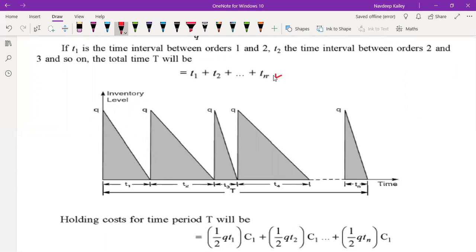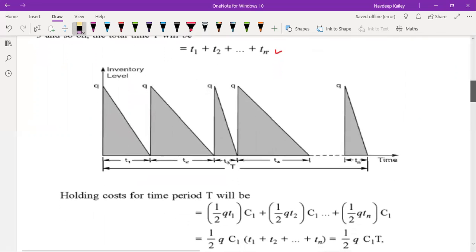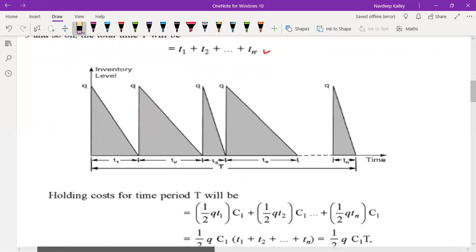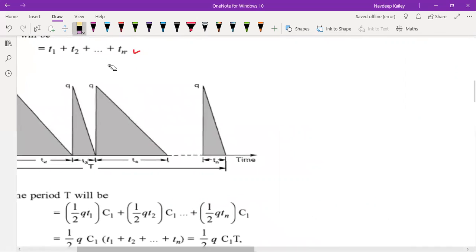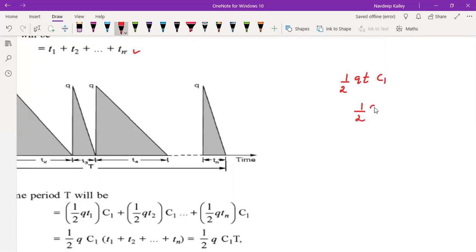Now the holding cost for the time period capital T. I earlier calculated this holding cost in the discussion of model 1, that is the holding cost is given by half Q T into C1. If the time interval is T1, then the holding cost is half Q T1 into C1.